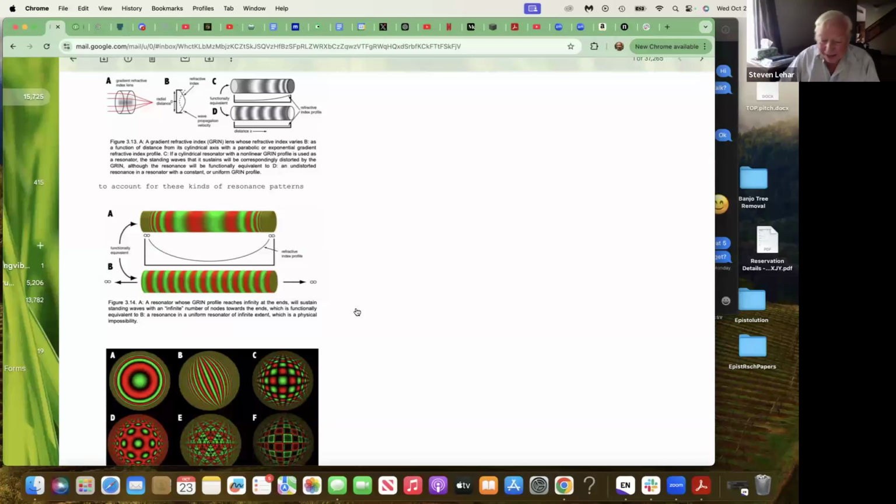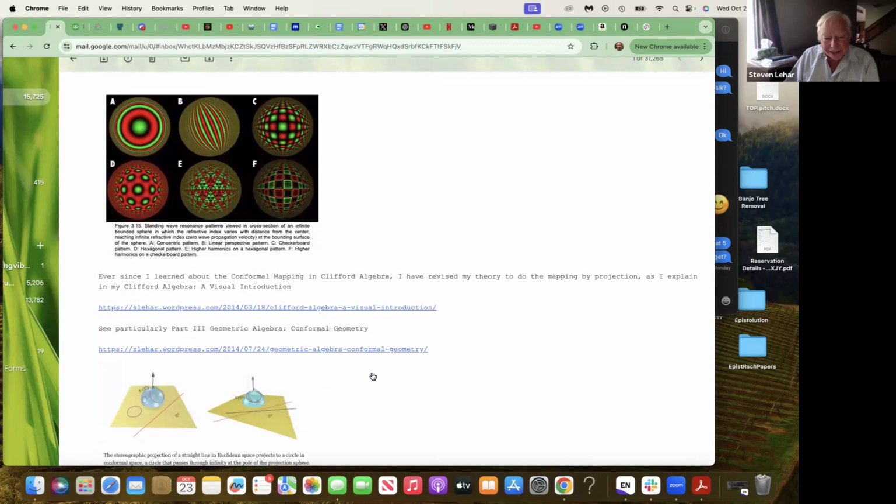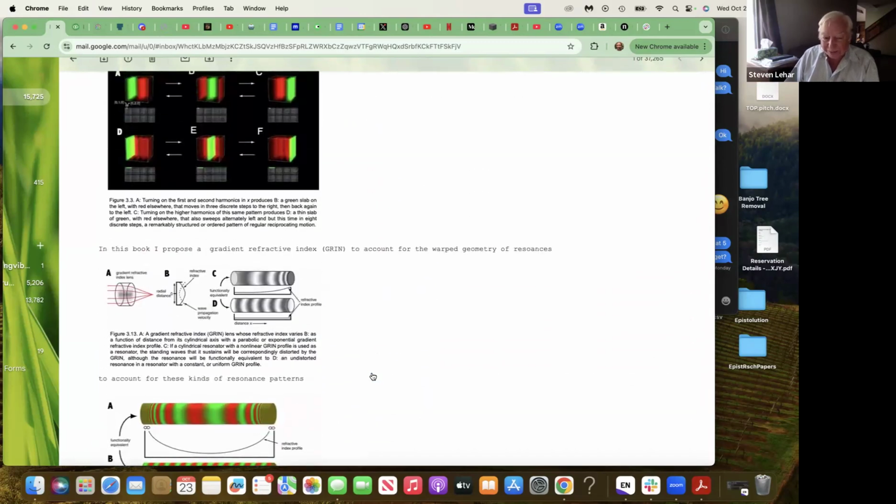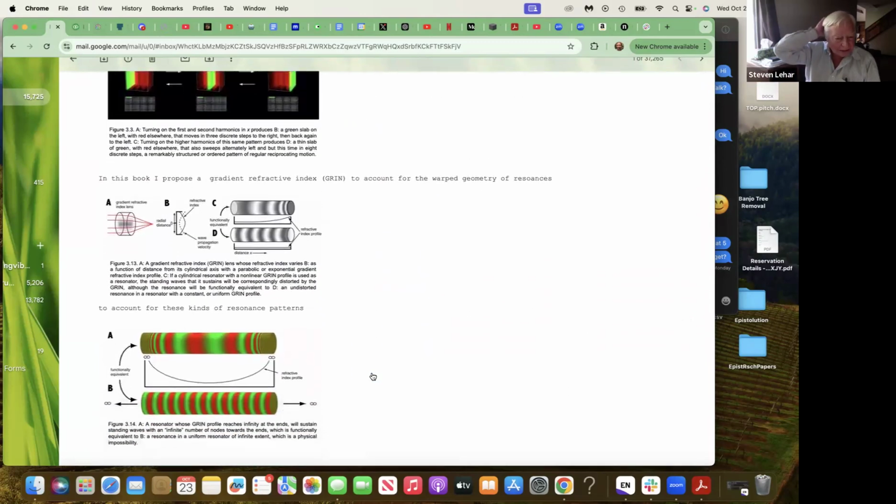Well, as I say, that was a proposal I made, which I have since retired because I think it's done with projection, not with gradient optics. I'm not even sure if the gradient optics is possible. Can you make a rod of glass that has infinite refraction at the ends and blends to regular refraction in the middle?